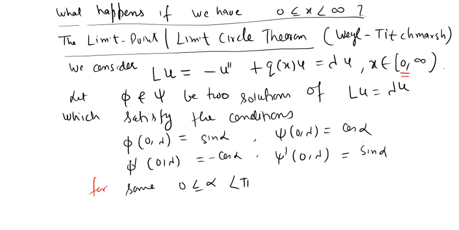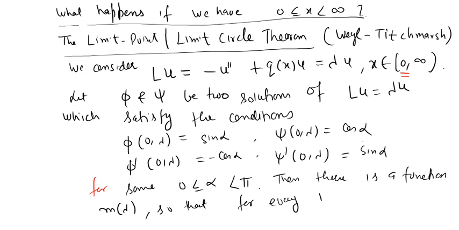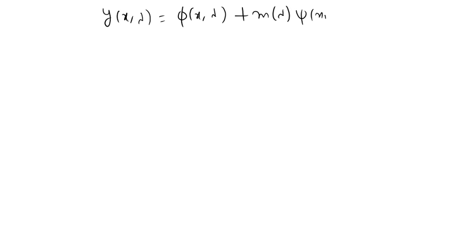So for some alpha in 0 to pi, there is a function denoted by m(lambda), so that for every lambda, where lambda can be any complex number, so for every lambda in C you have y equal to chi(x, lambda), which is a combination of phi and m times psi.